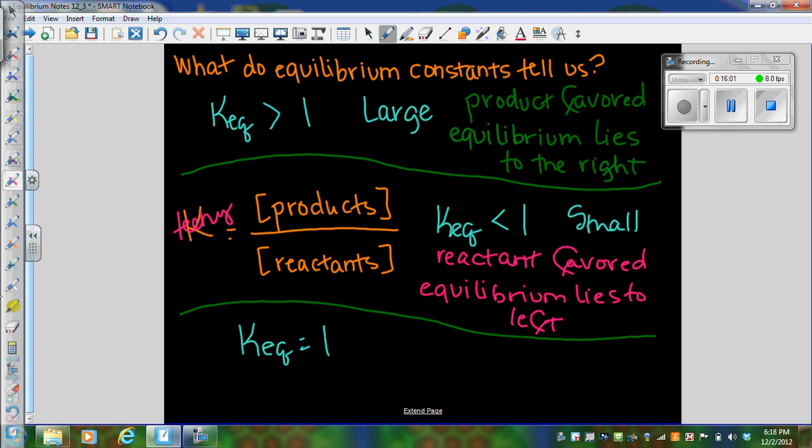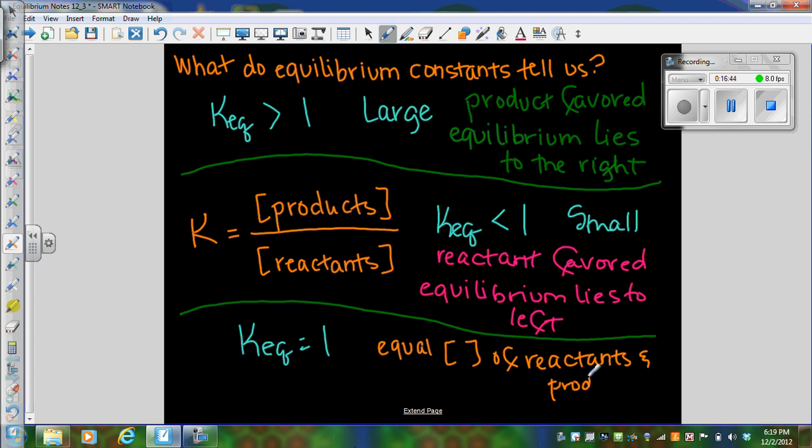And then in this rare situation where the equilibrium constant is equal to 1, that would mean that our concentration of products and our concentration of reactants would be equal. Really it would be equal concentrations, using the concentration brackets of reactants and products.